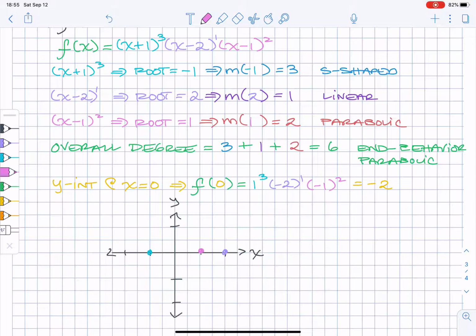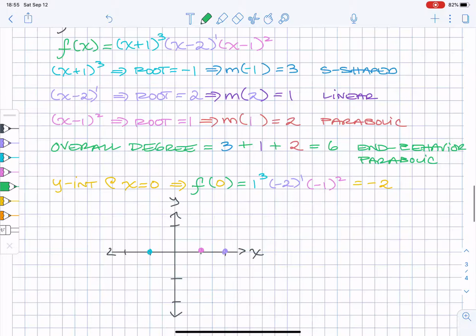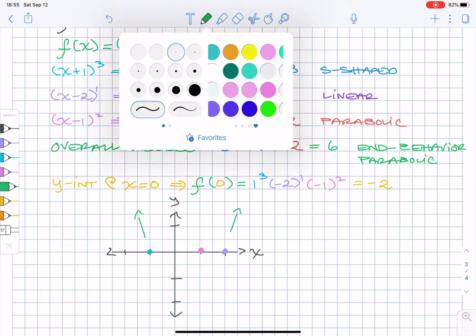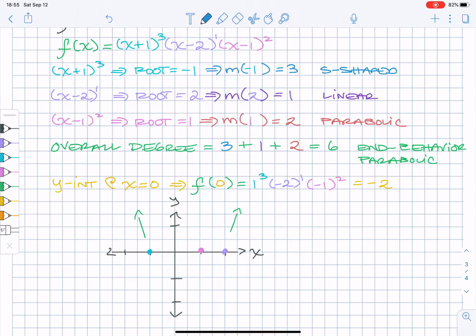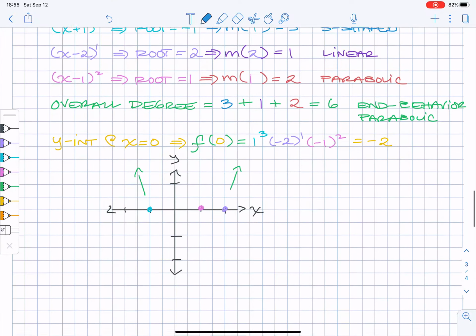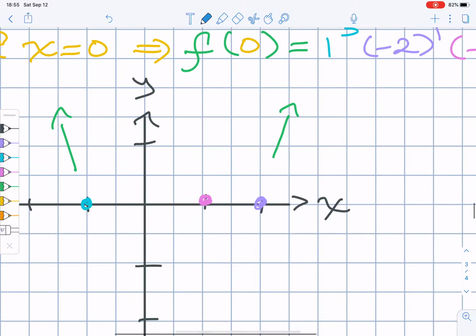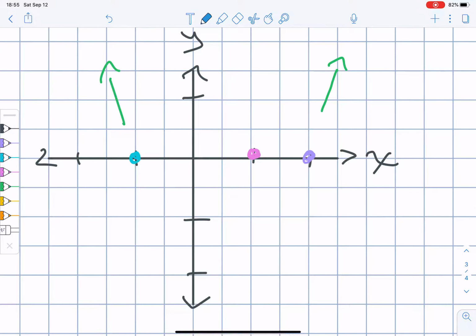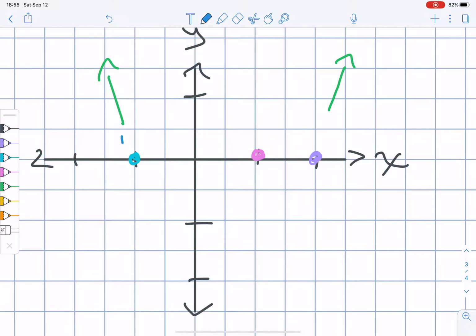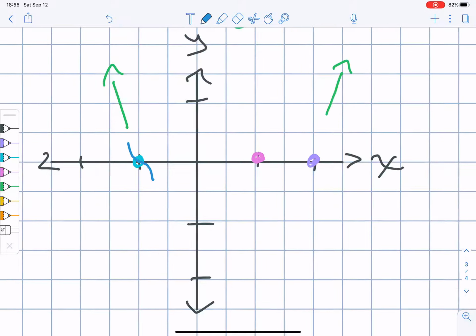Now I know that the end behavior is parabolic, so it's going to do something like so. However, the root at negative 1 is S-shaped. Since I'm coming from above and going downhill, it's going to be S-shaped like so. I don't like the way that looks, but we kind of get the idea.